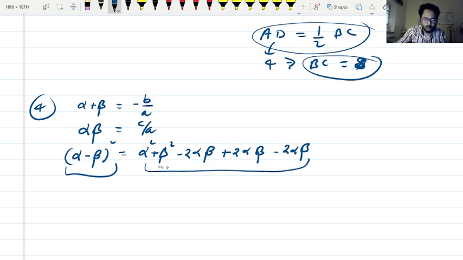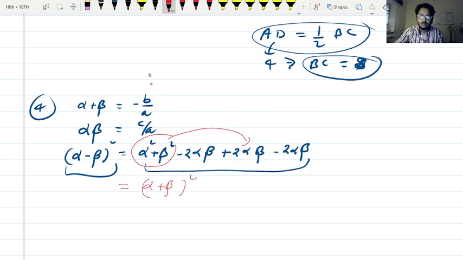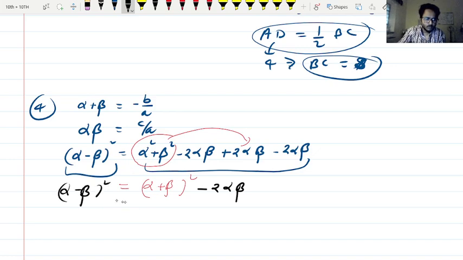So using these two terms and with this term, we can make the formula of alpha plus beta whole square minus 2 alpha beta. So alpha minus beta whole square equals these values.